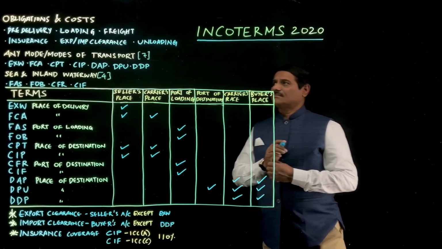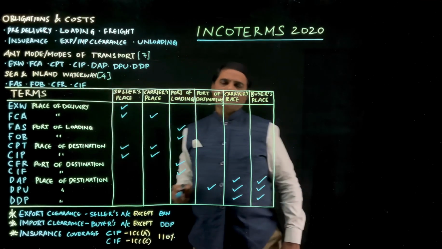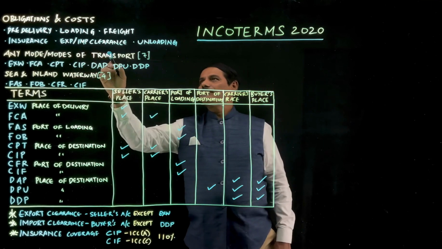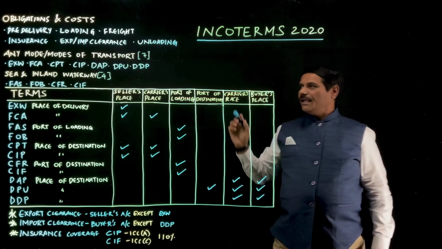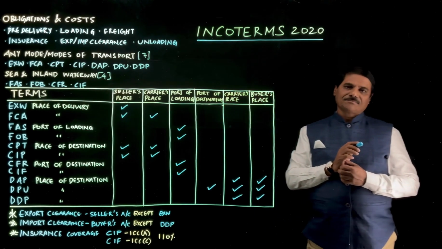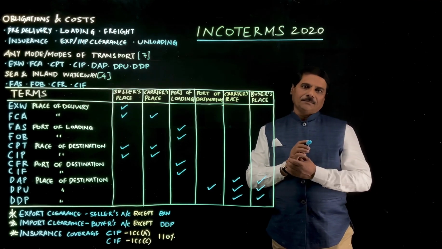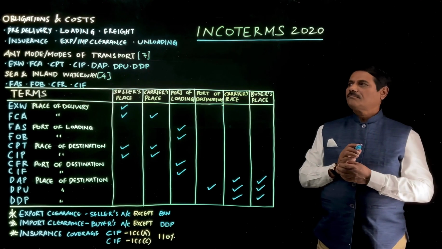These costs include pre-delivery charges, loading, freight, insurance, export-import clearance, and unloading at the buyer's place.